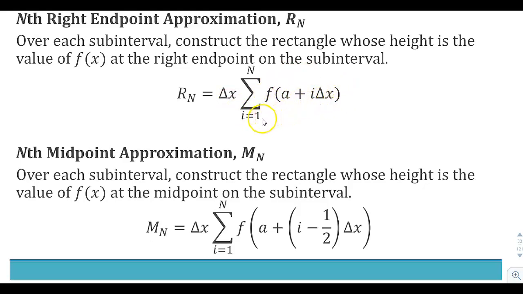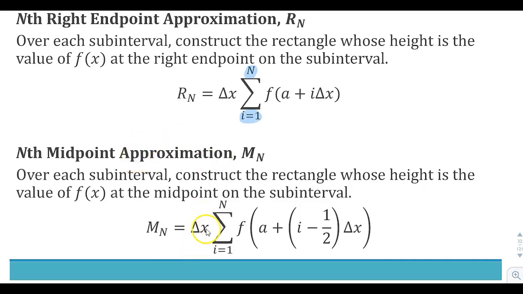So what makes it a right endpoint approximation is our indexing values. For a right-hand approximation, we're going to start at 1 instead of 0, and we're going to end at n instead of n minus 1, because we're skipping over 0, we're going to skip over a, that leftmost point. We need to just jump to the right endpoint over the first sub-interval.